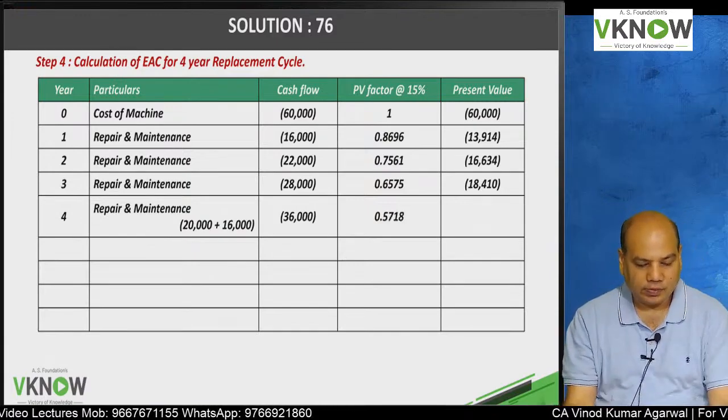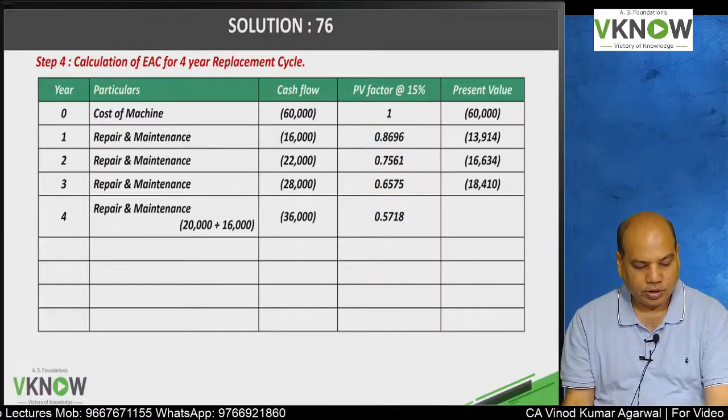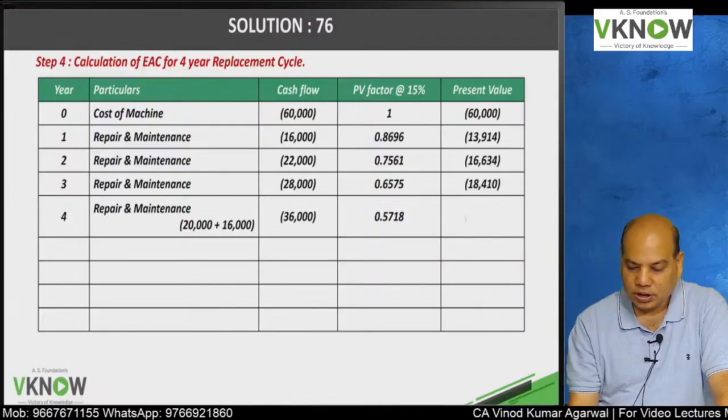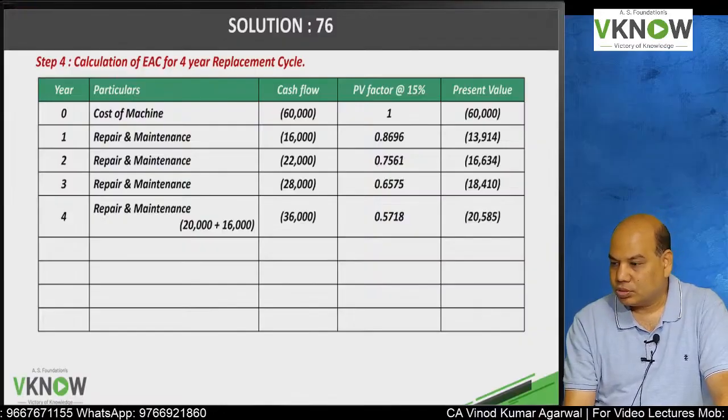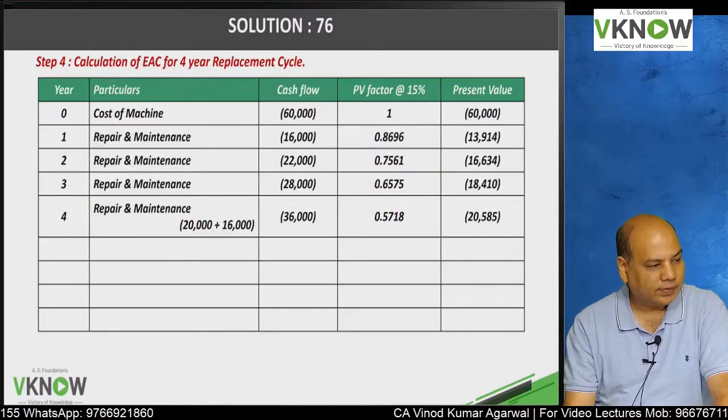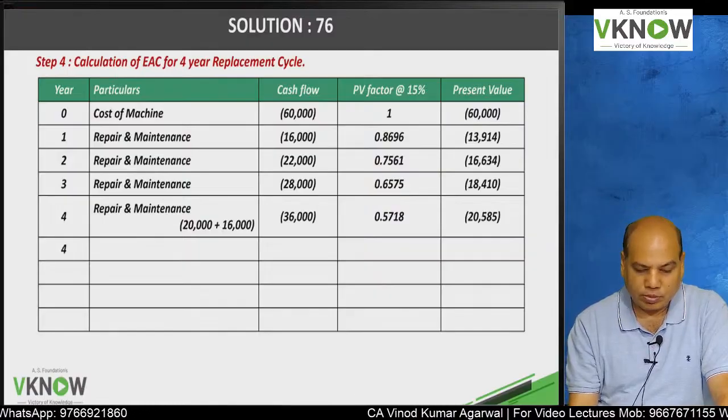The fourth year factor is given, 0.5718, multiply. 20,585. Everybody please one more.